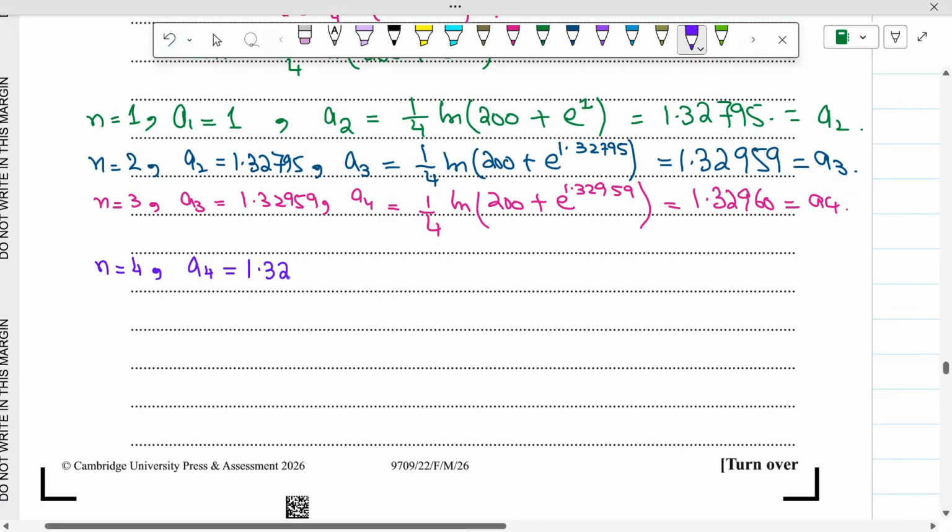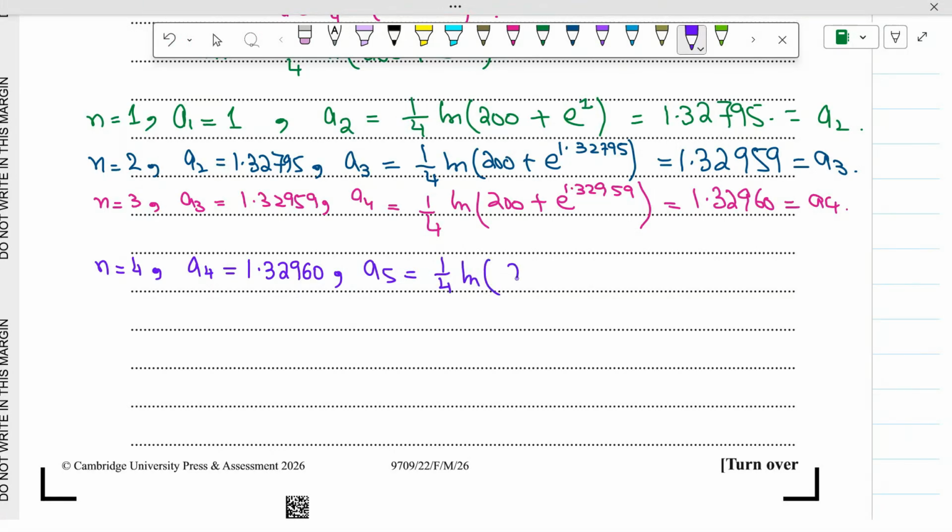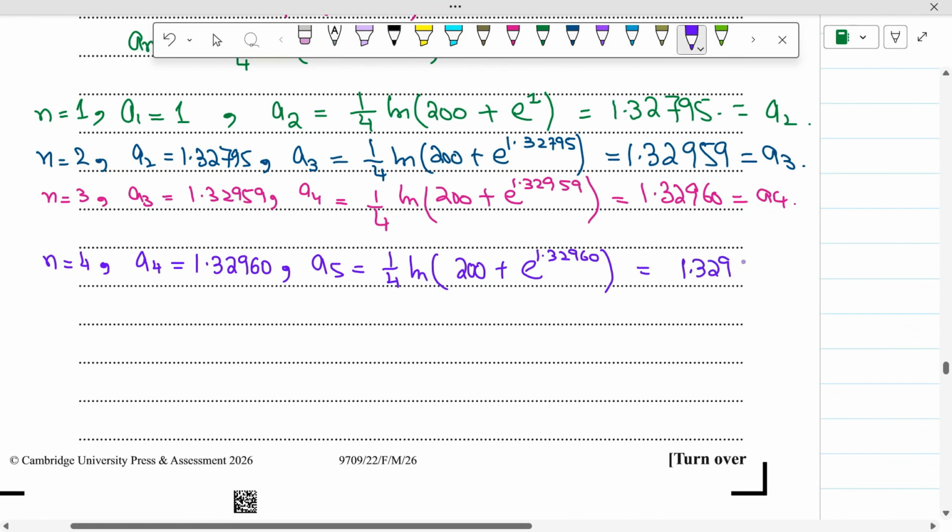Now n is equal to 4, so a4 is what we just calculated, which is 1.32960, and a5 is equal to 1 over 4 ln of (200 plus e^(a4)), so e^1.32960, and this is equal to 1.32960 also. So this is a5.